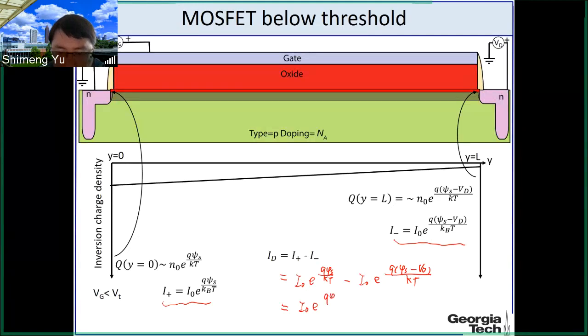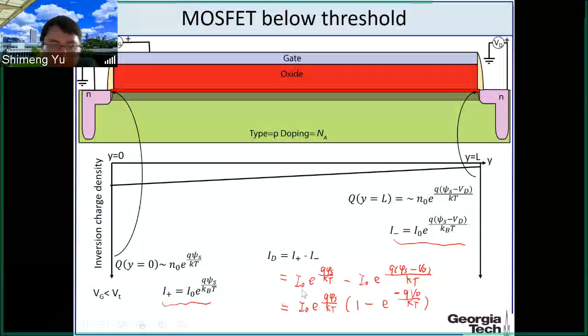What is common is this exp of q phi s over kT, and then they have 1 minus exp of minus qVd over kT. So this is what you have here. This is the drain current ID.